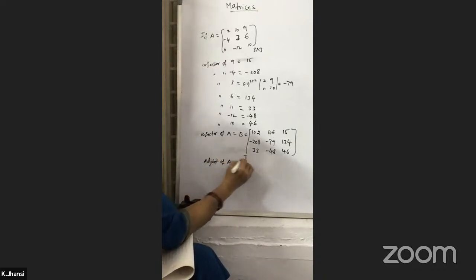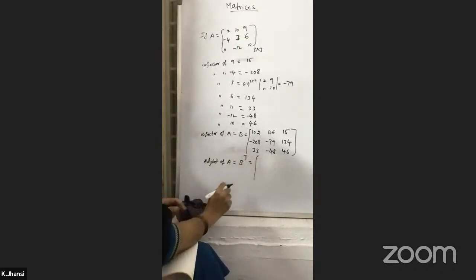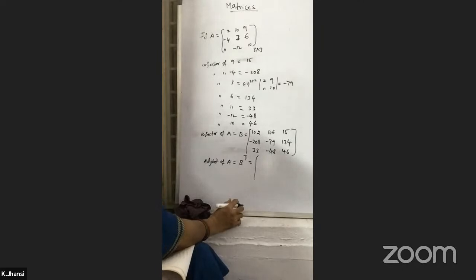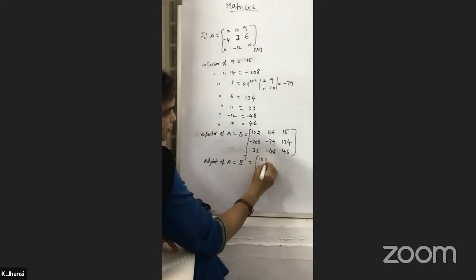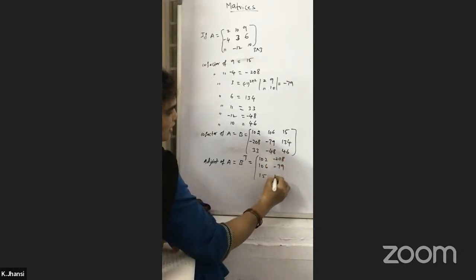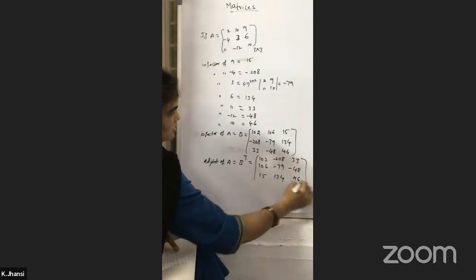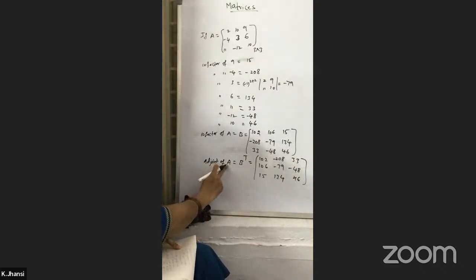That is B transpose. B transpose means just interchange of the rows by columns. That is 102, 106, 15, minus 208, minus 79, 134, 33, minus 48, 46. So we got adjoint of A.